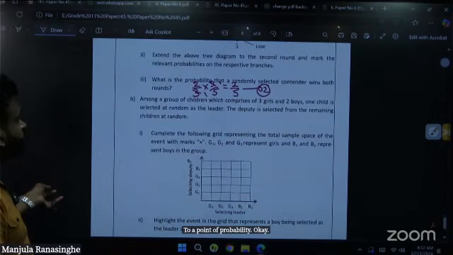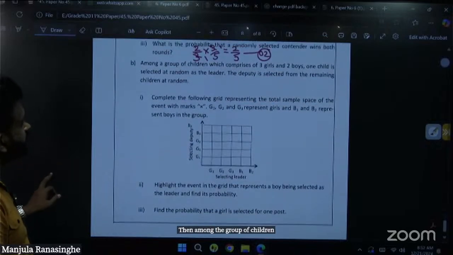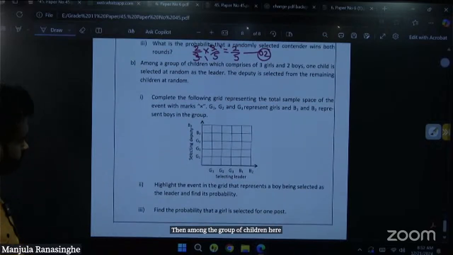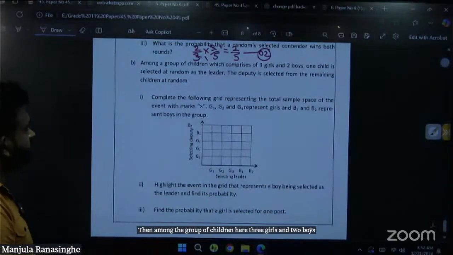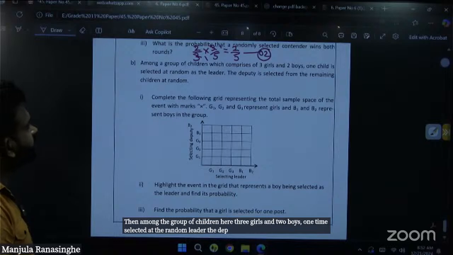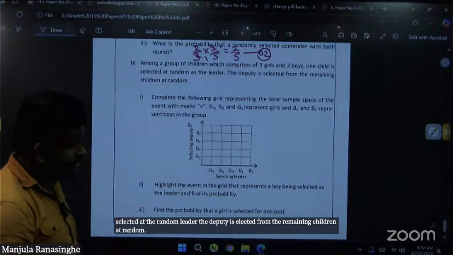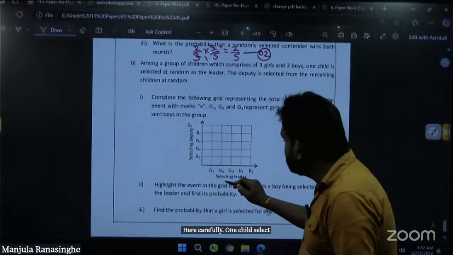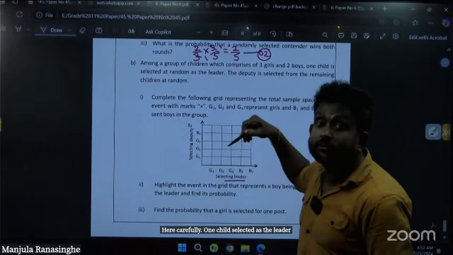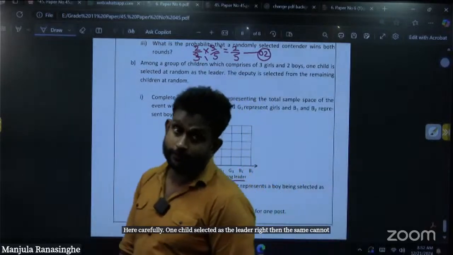Then among a group of children, 3 girls and 2 boys, one child is selected as the random leader. The deputy is selected from the remaining children at random. Here carefully, one child is selected as the leader, then the same child cannot act as the deputy.